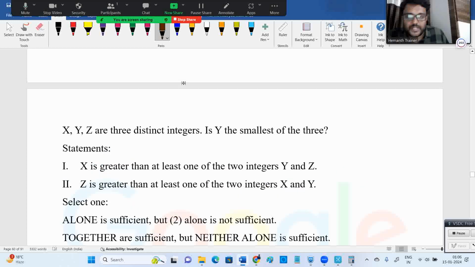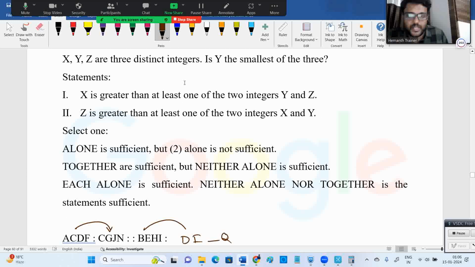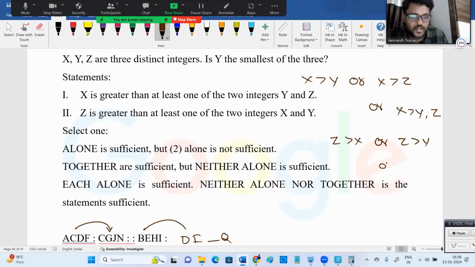And this is data sufficiency related. Okay, smallest of the three: x is greater than at least one of the two integers y and z. So x can be greater than y, or x can be greater than z, or it can be greater than y and z. z is at least greater than one of the integers. So z can be greater than x, or z can be greater than y, or z can be greater than x and y. Which is smallest? So if both statements are true, it can be like, okay, z greater than x, x greater than y, one possibility, or x greater than z, z greater than y, one possibility.